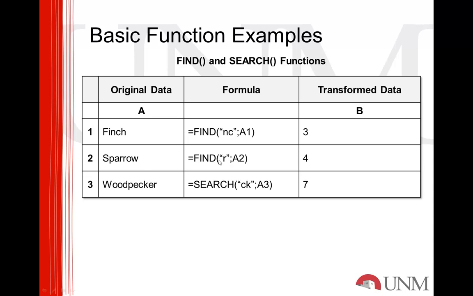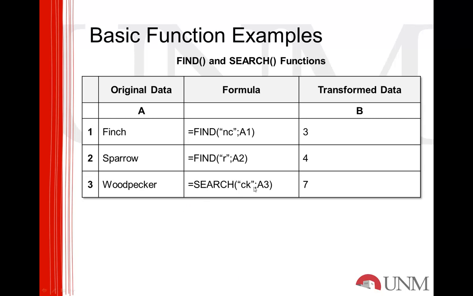If there are multiple occurrences of whatever you're looking for in the larger string, the function isn't going to report them. It's going to stop at the first occurrence it finds. So that's a limitation on using the find and search command, is that it's not going to tell you all of the locations of a character set. So if you're looking in a large string of data, you're only going to find the first occurrence.